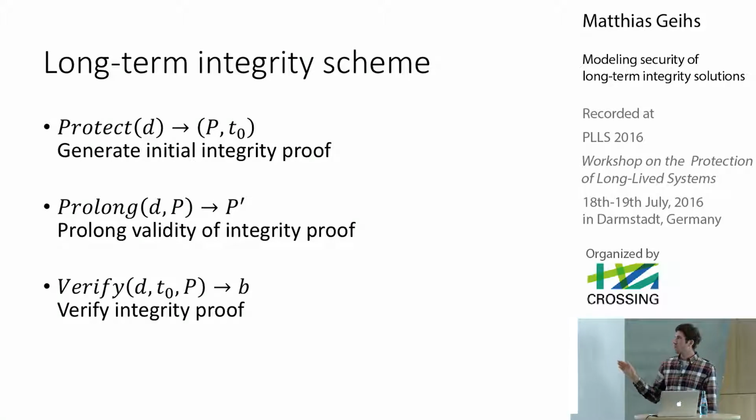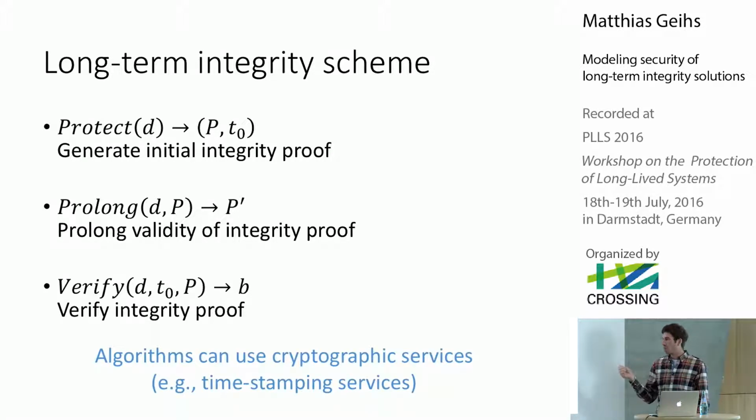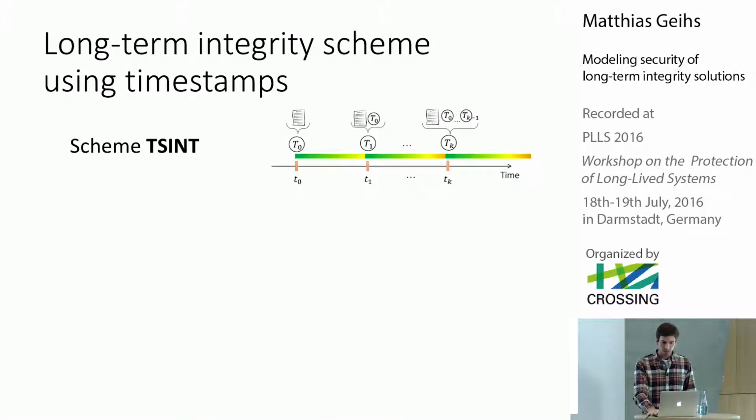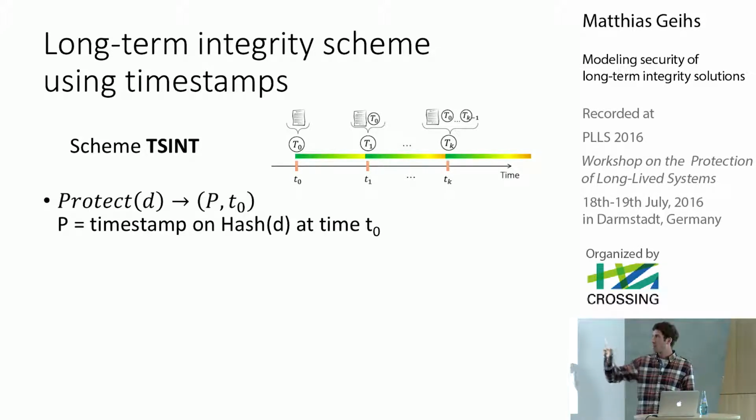And for all of these algorithms, we allow them to use other cryptographic services. For example, they may query timestamping services to get timestamps because, as we saw in our construction, the proof consists of a sequence of timestamps. Now we cast the construction that was described before into this scheme definition. The protect algorithm generates an integrity proof, which is a timestamp on the hash of the document at time t0.